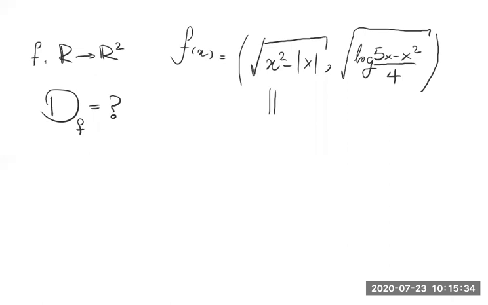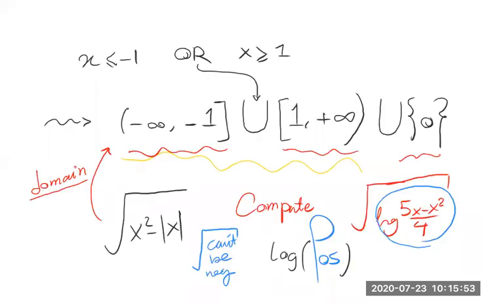What was the domain of the first part? We spent a good amount of time to find it. Well, we found it here: negative infinity to -1, union 1 to infinity, union 0.